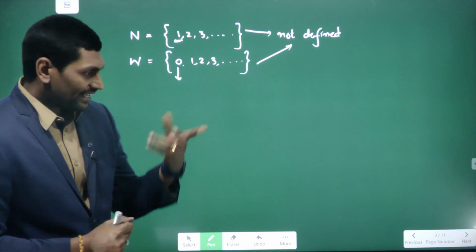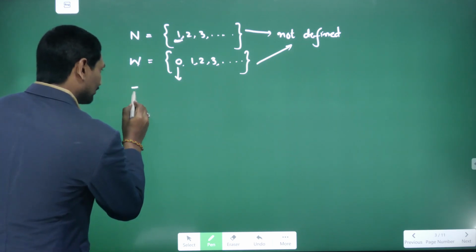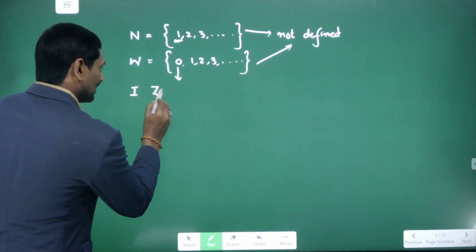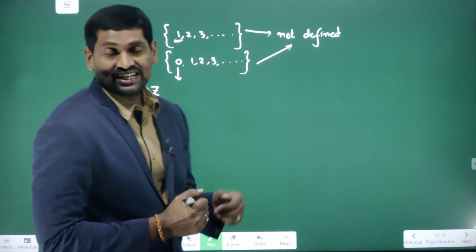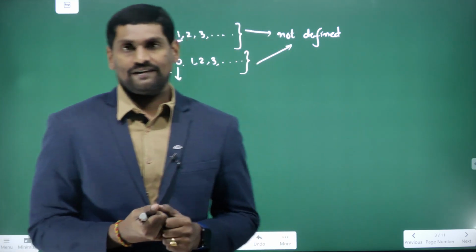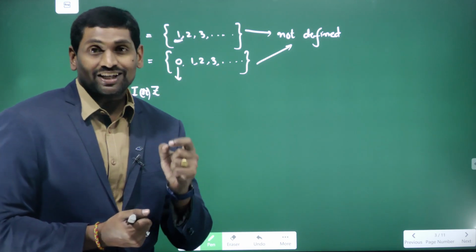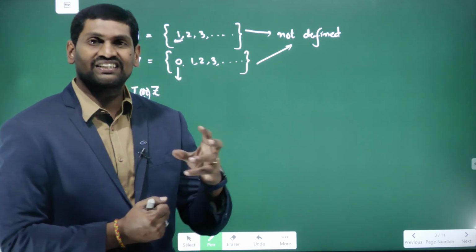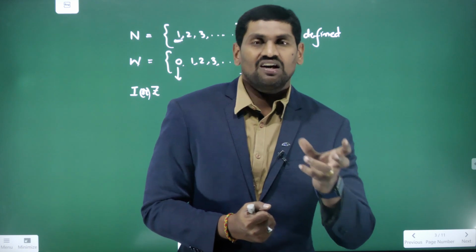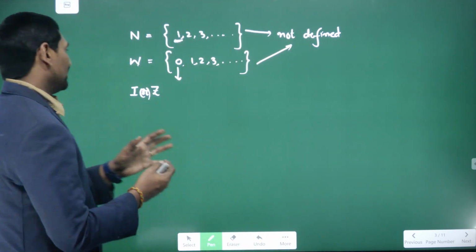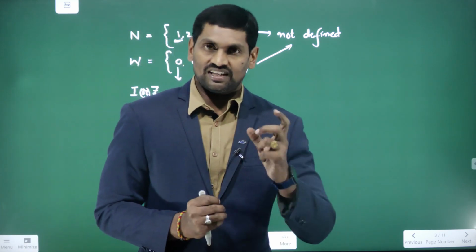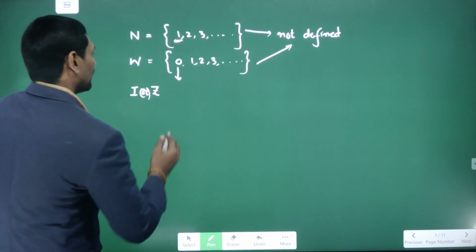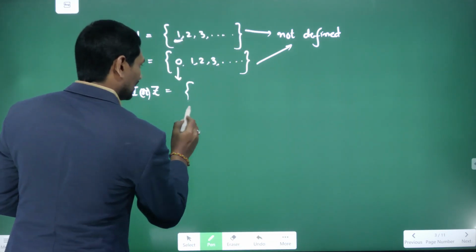The next set of numbers is integers. Integers we can represent with two letters: the first is I and the second is Z. Integers have another name, Zahlen, which are German numbers. In the Indian system we use the letter I, and in the international system we use the letter Z. So what are integers?